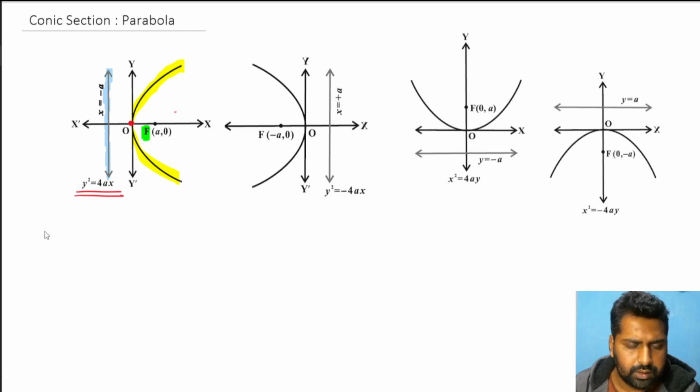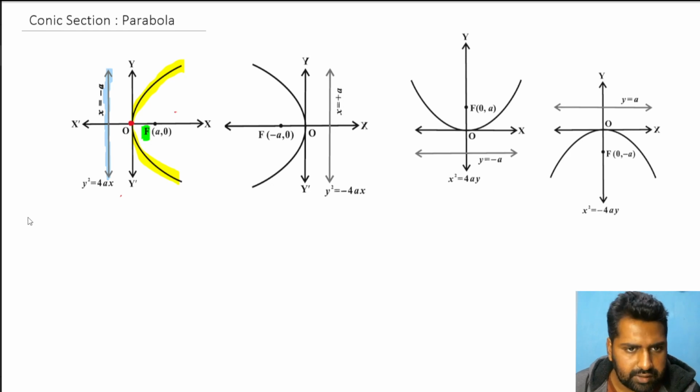This is something you have to accept. We can derive how this equation comes, but right now I'm not going into the derivation part. So if you have a parabola, y square equal to 4ax, right now consider that only as your equation. Forget about these three. I'll talk about these three later.